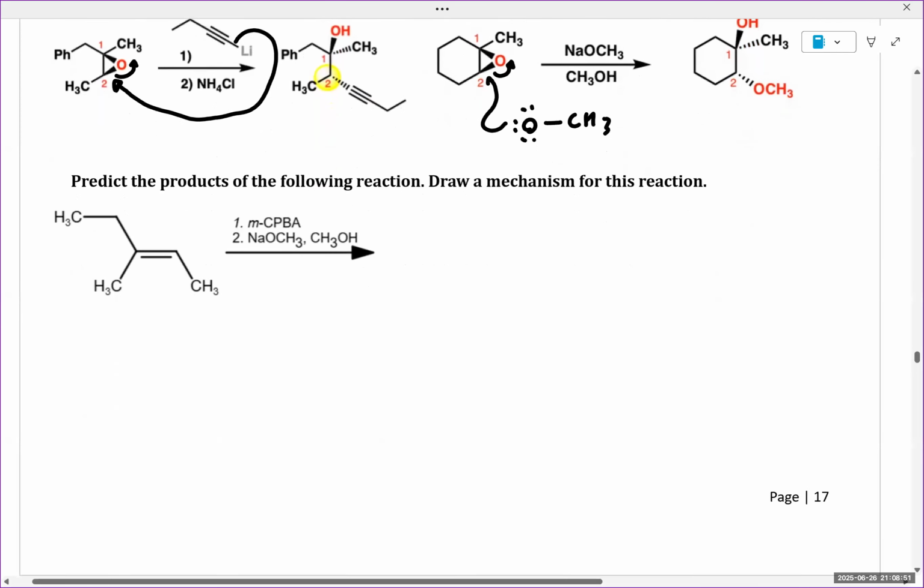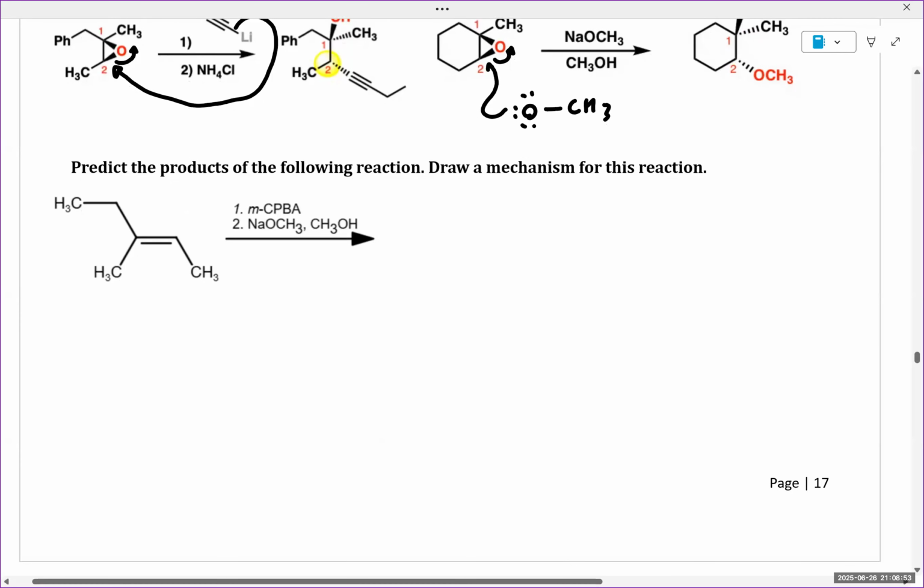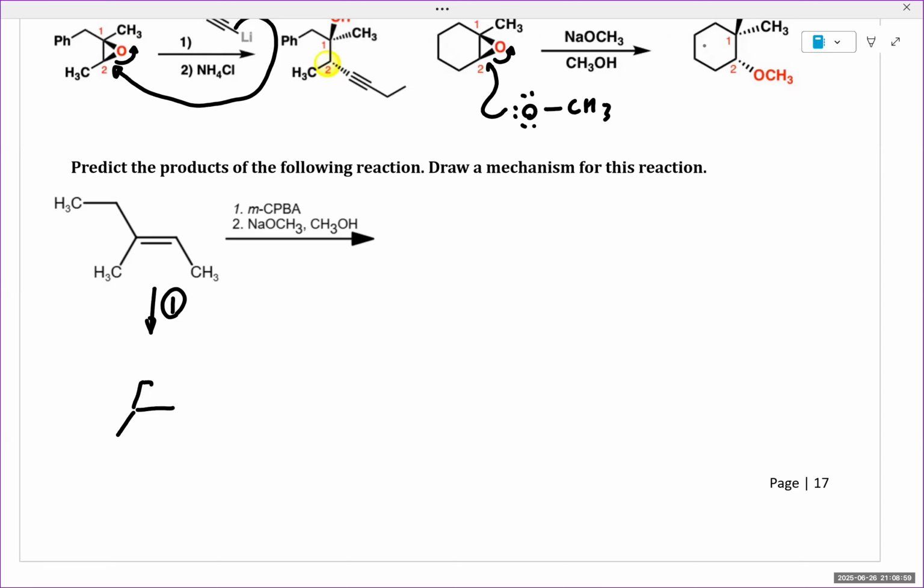With this discussion in mind, let's try to predict the products of the following reaction, keeping in mind that we've already done step 1 for this reaction, and you can start and draw this reaction from the perspective where you start with this epoxide and go from there. So here's an epoxide that we're going to be starting from.